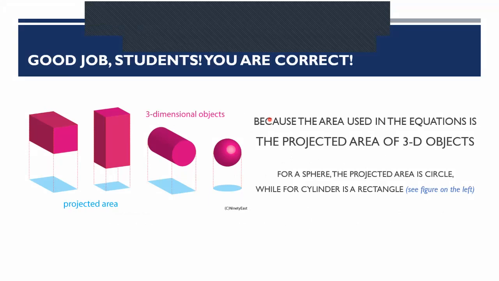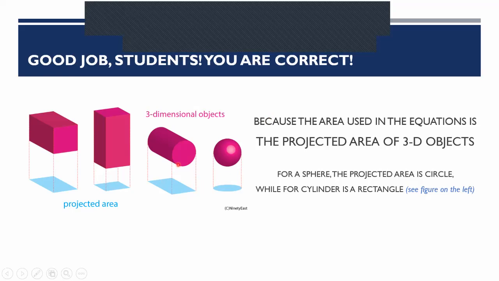As you can see, for a sphere, the projected area is a circle, so that's why it's pi times the diameter of the particle squared per 4.